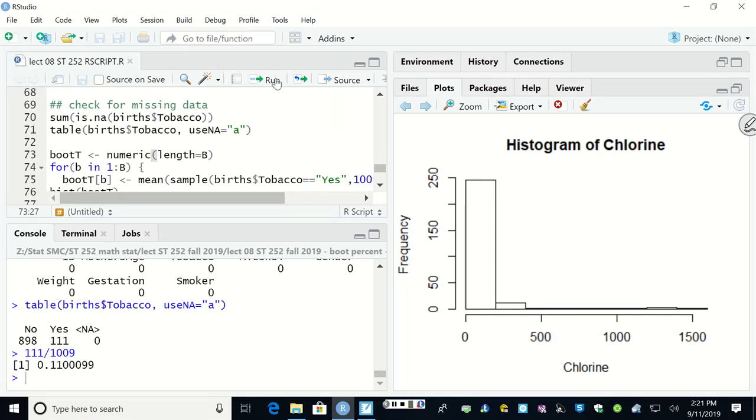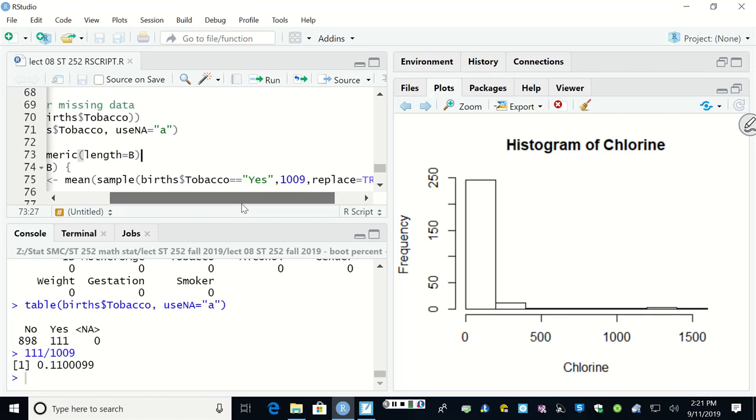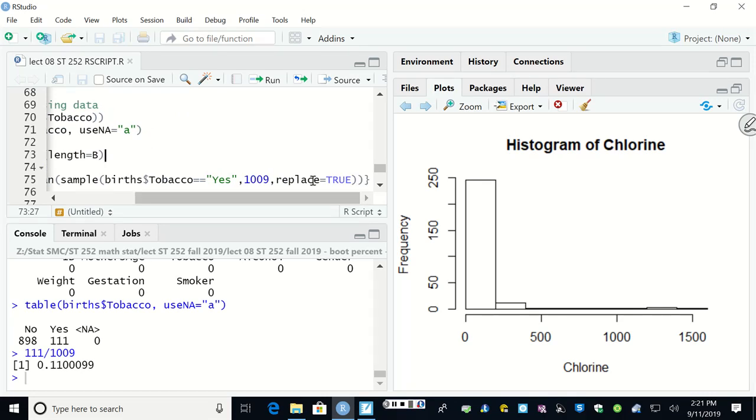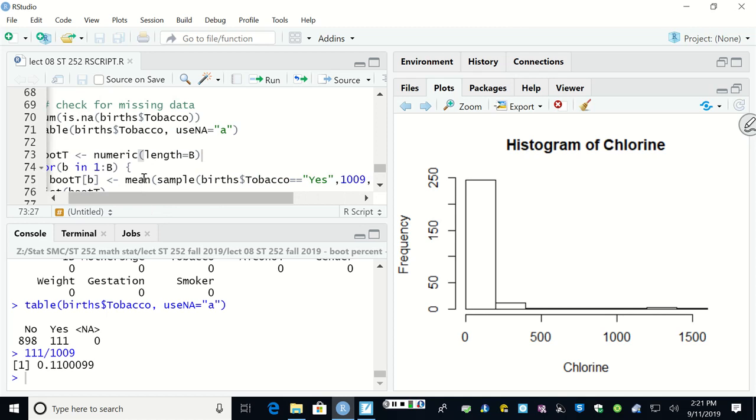There's 1009, so we resample 1009 of those with replacement and get a mix of yeses and nos. Taking the mean gives the number of yeses divided by the sample size. So p hat, the sample proportion, is really an average of ones and zeros.